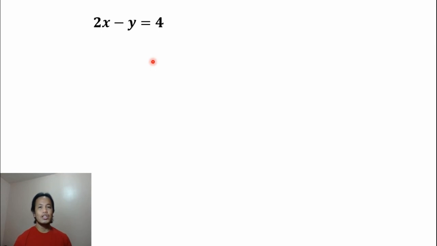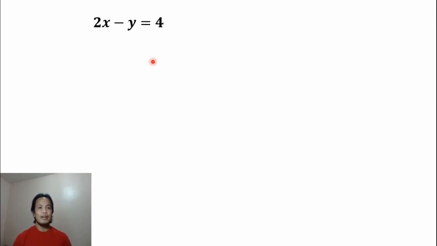In the same way, the y-intercept is the point where your graph will cross the y-axis. We also need to remember that in order to plot the graph of a linear equation in two variables, we only need at least 2 points. That's why we need 1 point for the x-intercept and another 1 point for the y-intercept.